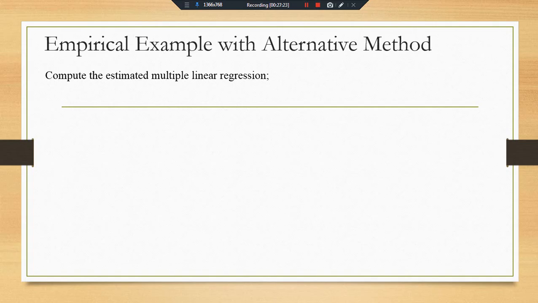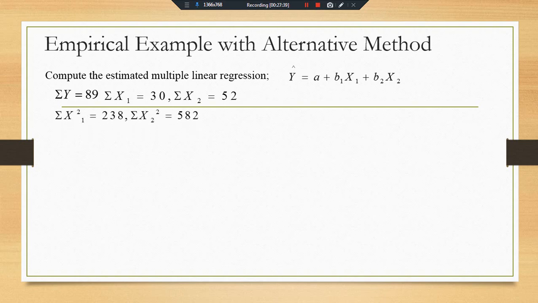Okay, here we have the estimated regression line y hat is equal to A plus b1 x1 plus b2 x2, and summation y is equal to this, and summation x1 and summation x2 is equal to this, summation x1 square, and we have summation x2 square, and we have summation x1 x2, and we have summation x1 y, and summation x2 y is equal to this and this.